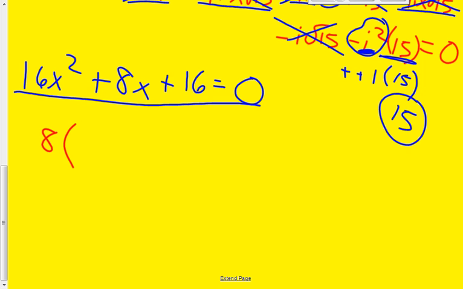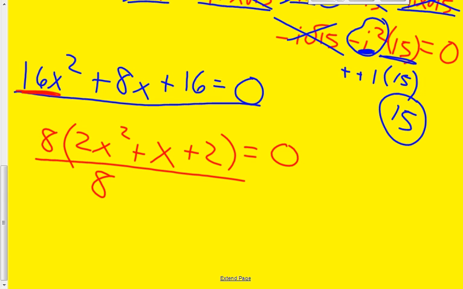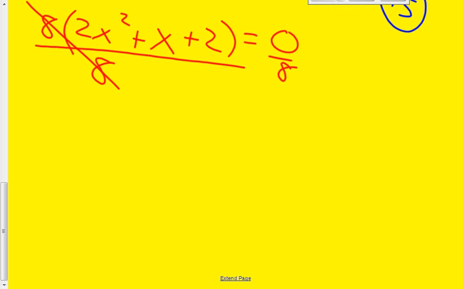I would get 2x squared, plus 8 divided by 8 is a 1x, so just x, and 16 divided by 8 is a positive 2. That equals 0. Now if I divide both sides by 8, what's 0 divided by 8? It's still just 0. So now I have 2x squared plus x plus 2 equals 0.